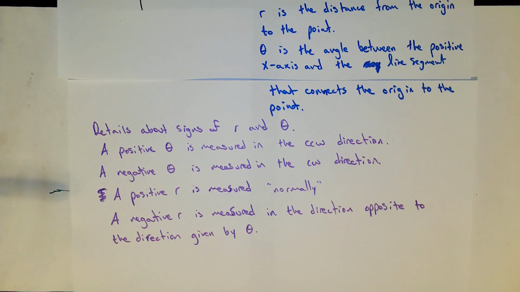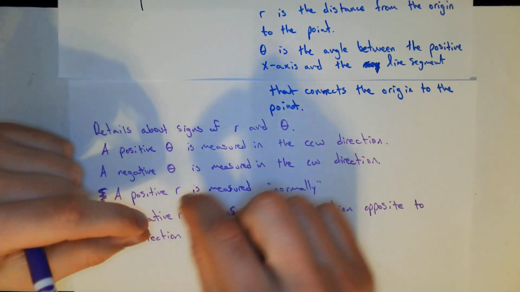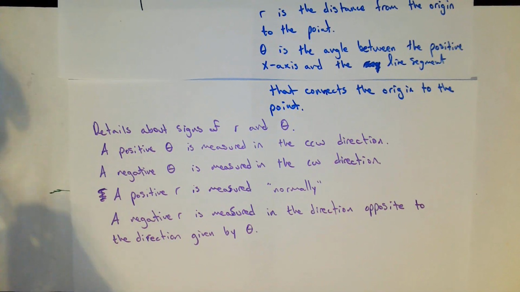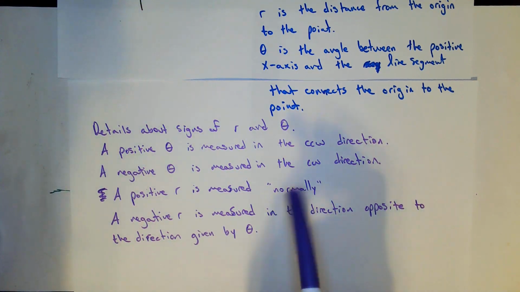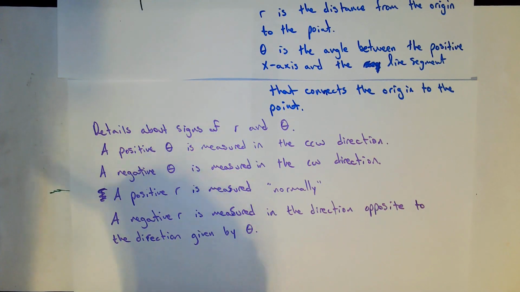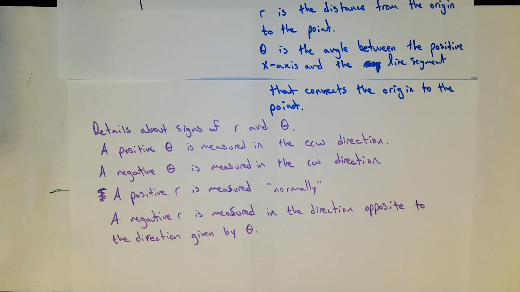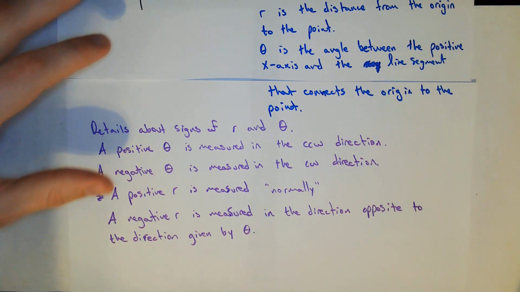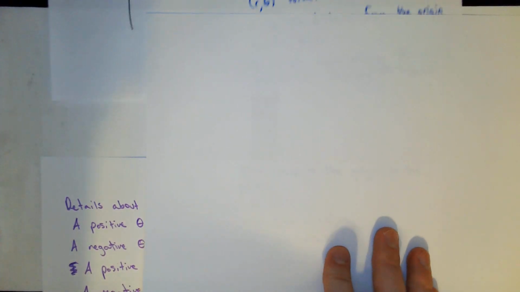So understand that what's happening here is theta controls direction and r controls the length of the distance from the origin to the point, right? But if r is negative, then r does command a little bit of the direction information in that it tells you to go opposite to the direction that theta wants you to go. I think that warrants some examples, so let's look at some examples.